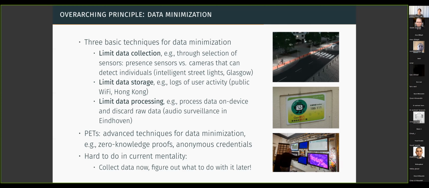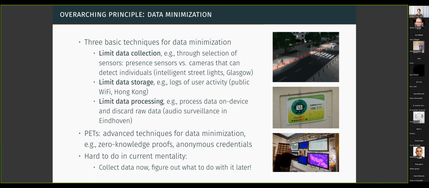And one idea there is, if we have to have devices with rich sensors, maybe we can process that data on the device directly and discard the raw data. So let's say we have an entertainment district in a city where we want to have some sort of audio surveillance so we can detect whether fights are breaking out.